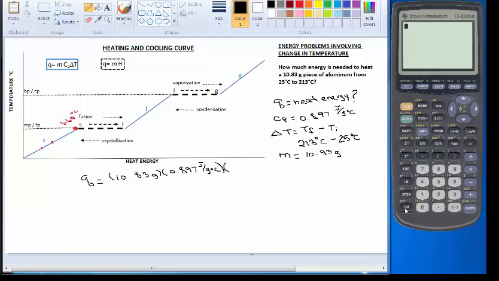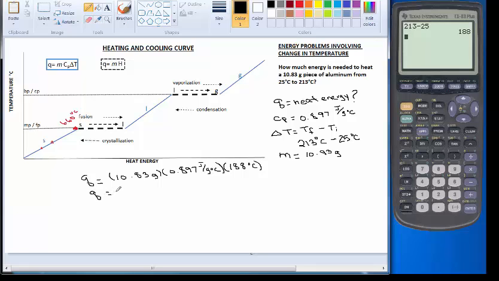So if we plug this information into our calculator, we have 213 minus 25. So our change in temperature for this problem is going to be 188 degrees Celsius.